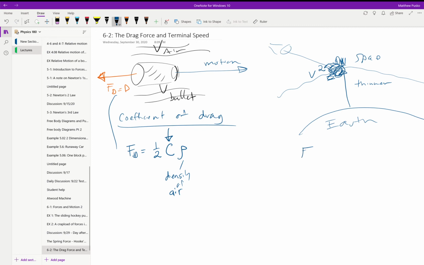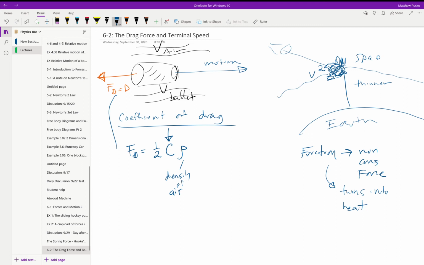Remember, friction is non-conservative. It's a non-conservative force. And the reason being is it turns into heat. It turns into light. It turns into sound. It turns into things we can't turn back into motion, right? You might not think friction creates light. It does.